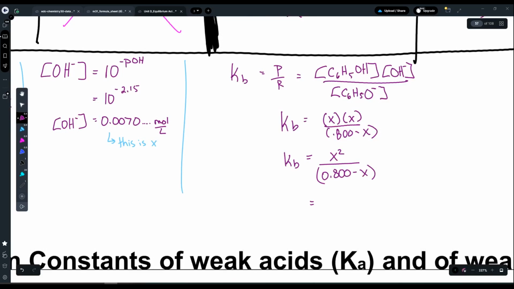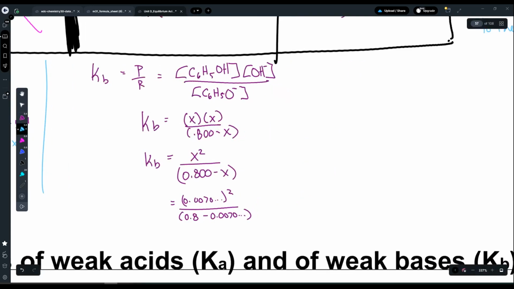Okay, so again, X was 0.0070 goes on forever, and that's squared, divided by 0.8 minus 0.0070 goes on forever. And I'm running out of room, so I've got to scooch this up a little.